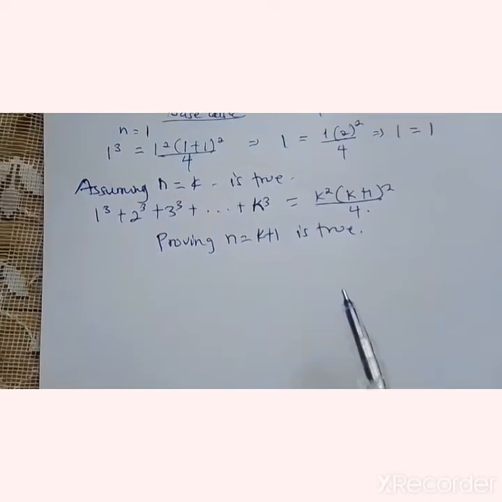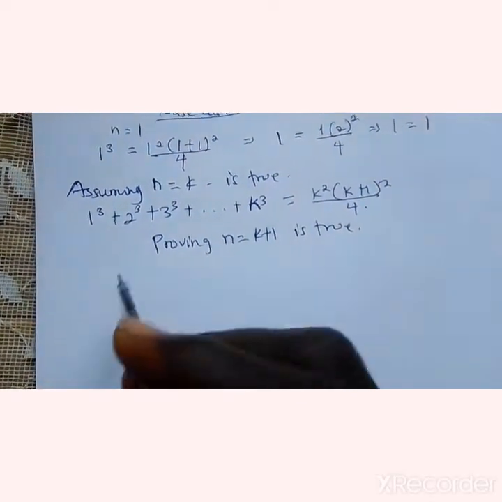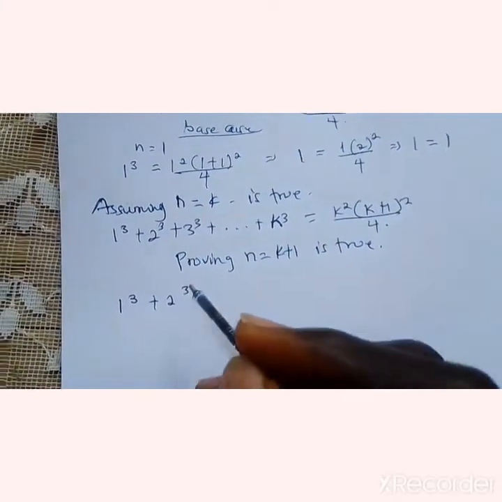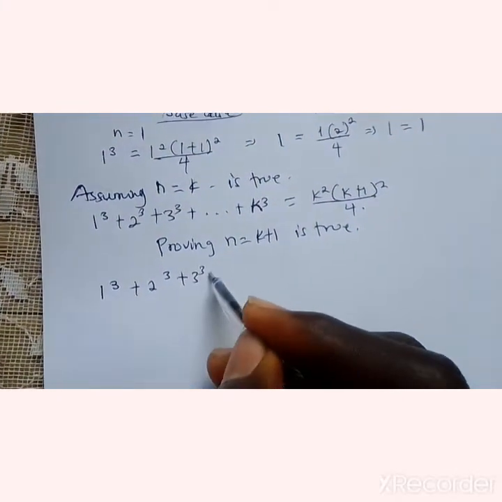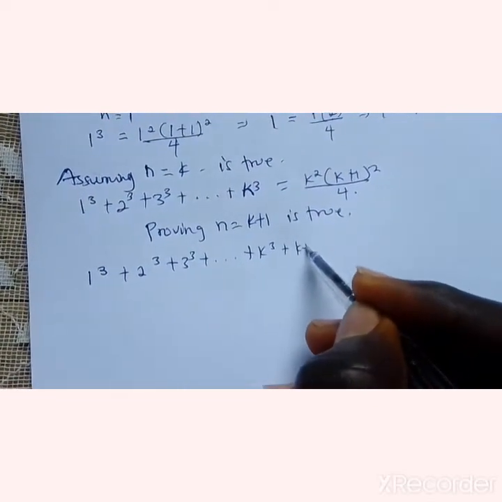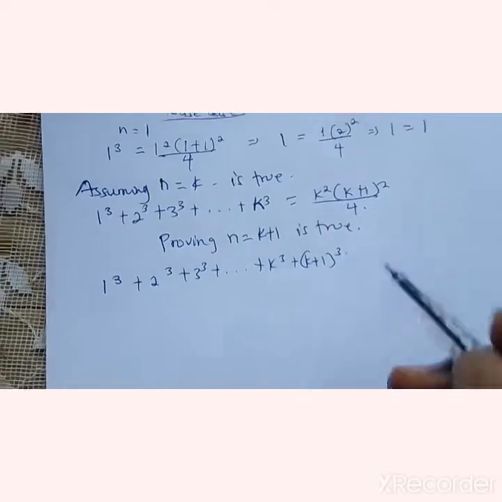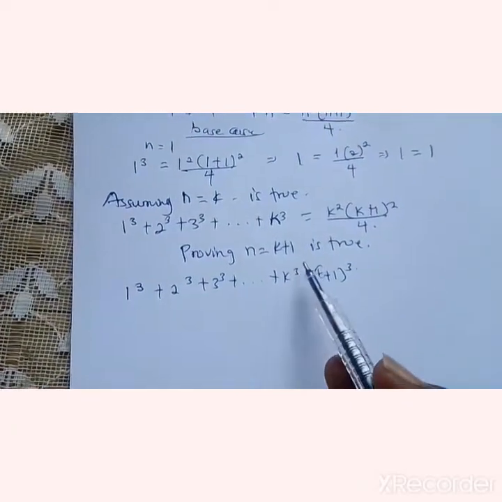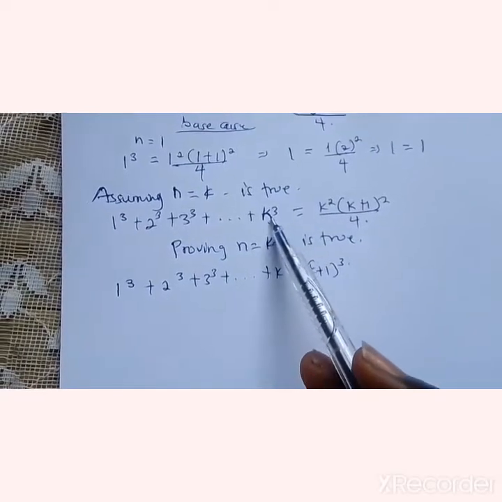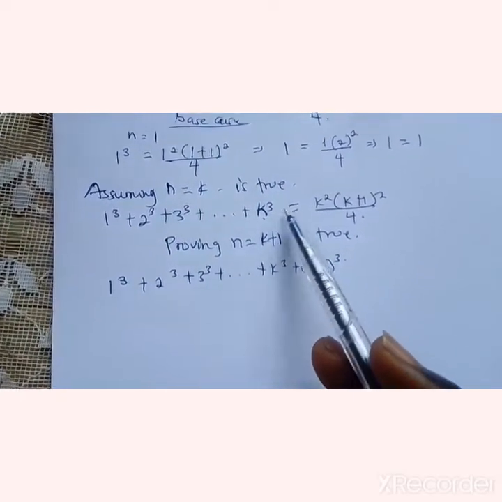Proving n equals k plus 1 is true, we are going to have 1 cube plus 2 cube plus 3 cube plus up to k cube, then plus k plus 1 all cubed. When n equals k plus 1, you are not going to put only k plus 1 here. It's a sum of a series. So here is the kth term, plus the k plus 1 term.